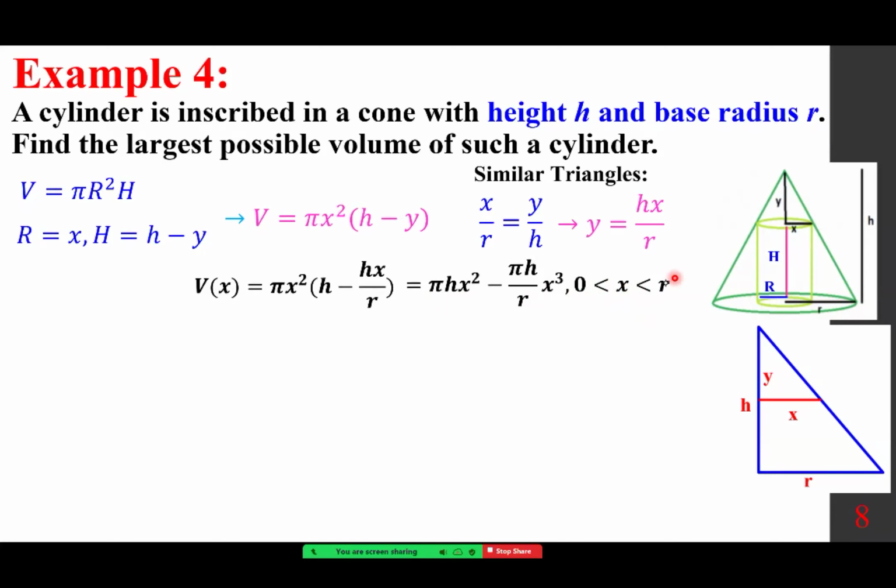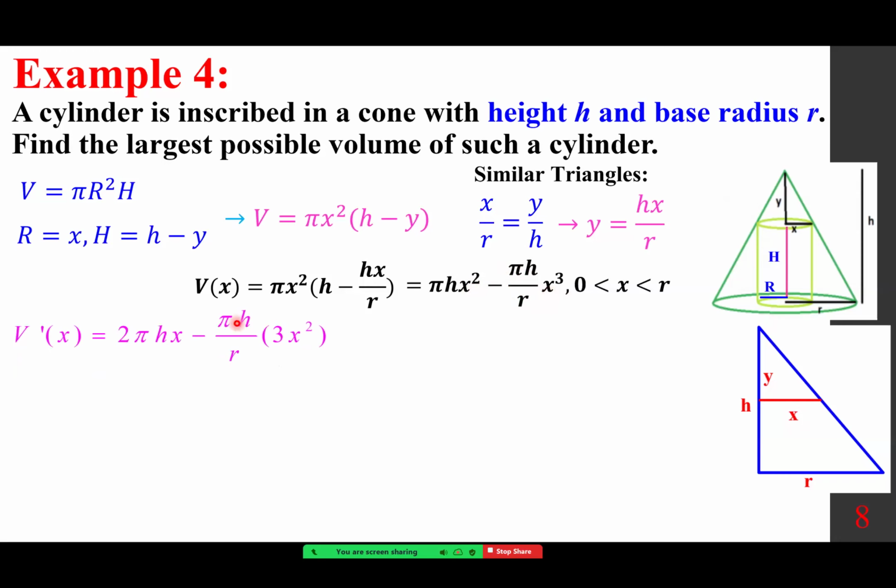Now we are going to differentiate V prime of x. This is pi h times 2x, or 2 pi h x. This one remains, and then times 3x squared. So minus pi h over r times 3x squared. So this is 2 pi h x.